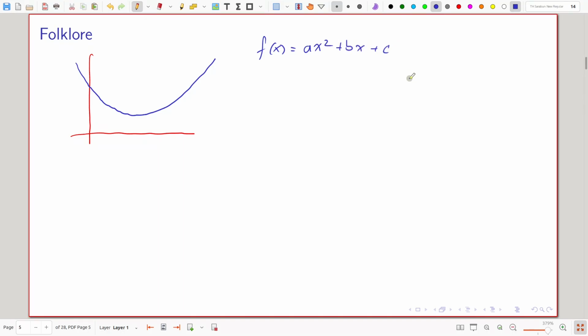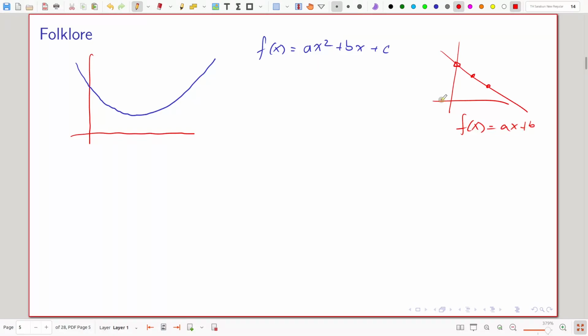If you have a line, which is a polynomial of degree 1, f(x) equals ax plus b, and you know 2 points on the line, you can recover the line.